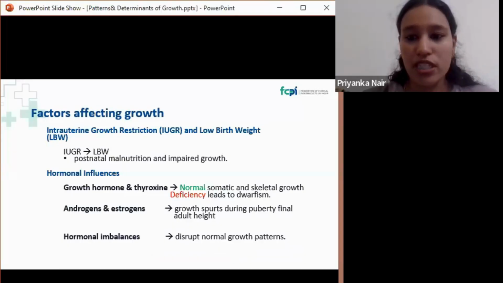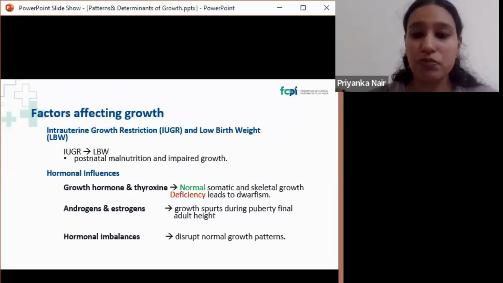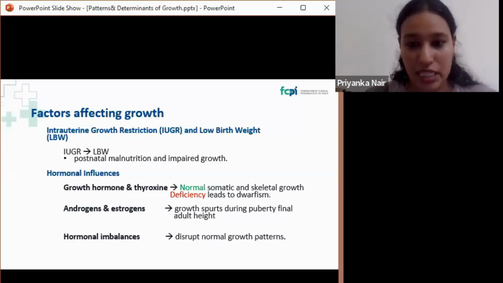These two are very closely related because this affects growth in a very important way. Intrauterine growth restriction would lead to low birth weight because of the non-expansion of the uterus as needed by the fetus.